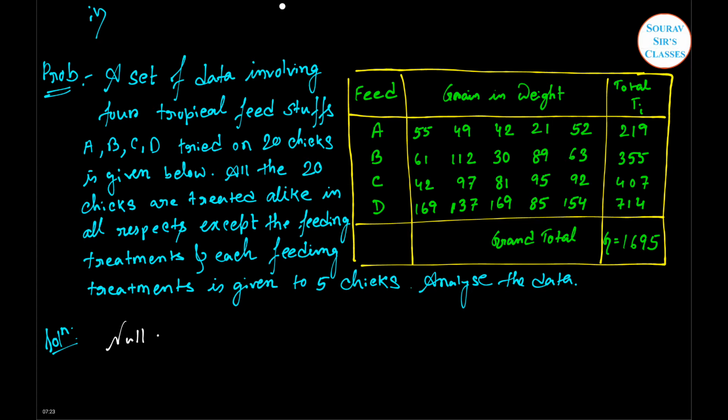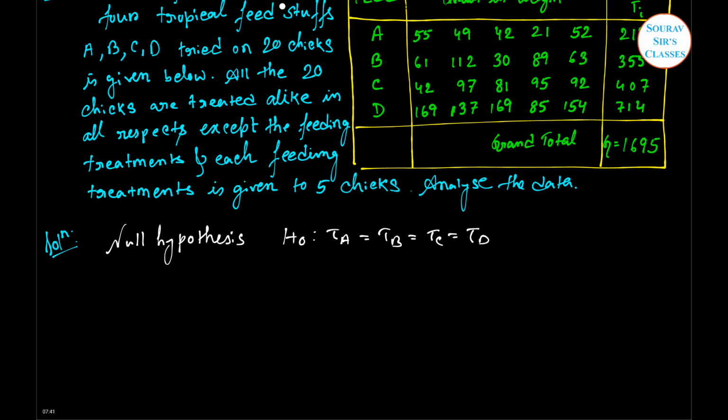Null hypothesis H0: tau A = tau B = tau C = tau D. That is, the treatment effects are the same. In other words, all the treatments A, B, C, D are alike as regards their effect on increase in weight.